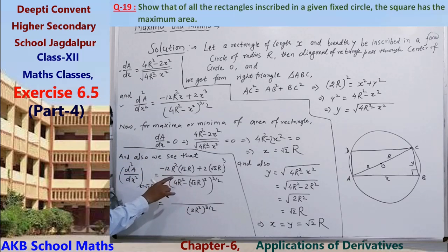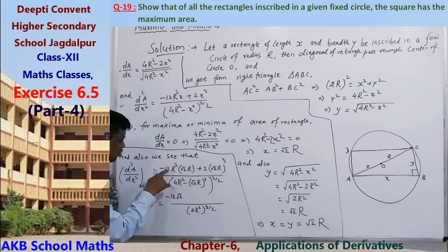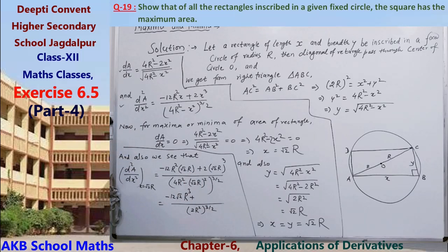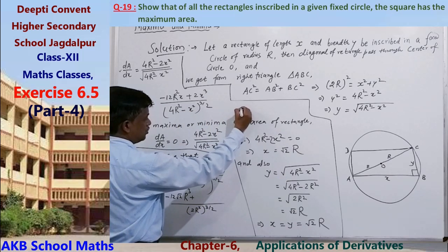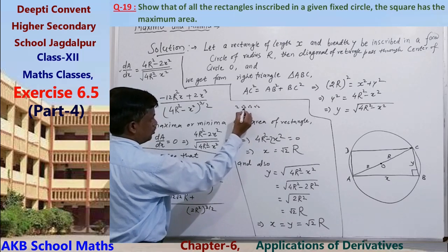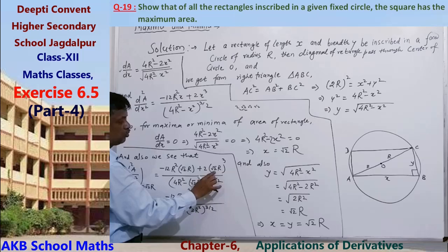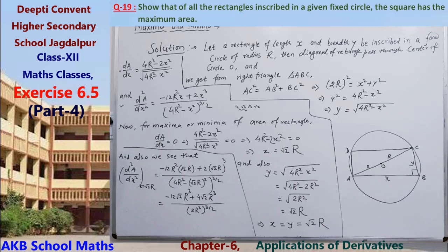Now here r cube minus 12 root 2 r cube plus root 2, 3 times root 2 means root 2 and 2, root 2, 4 root 2 r cube, just like this.